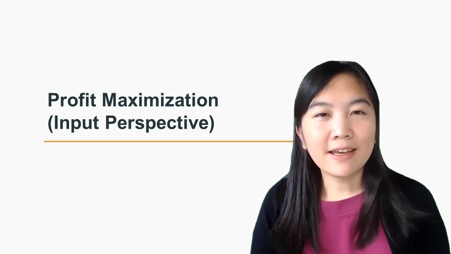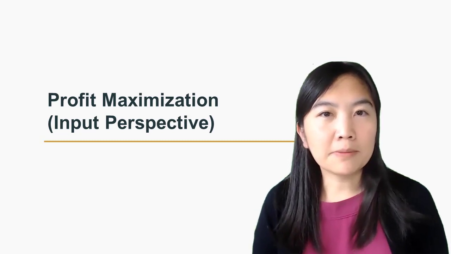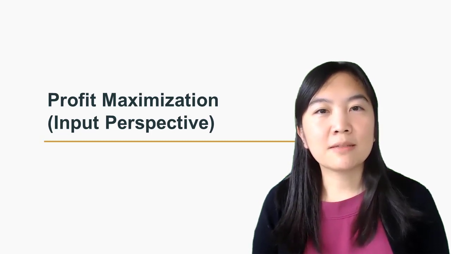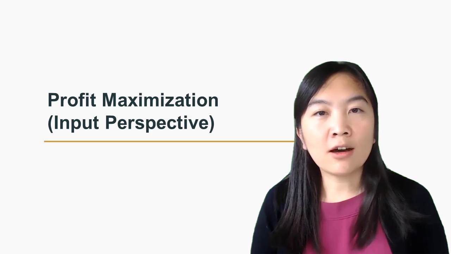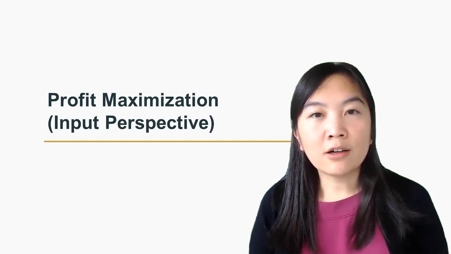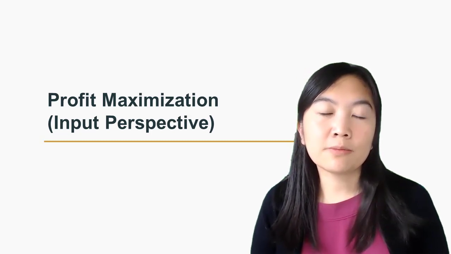I explained in the previous lecture that the difference between input perspective and output perspective is that when we're solving the profit maximization problem from the input perspective, all of the costs and the value of output are all functions of input. And here input is the choice variable.